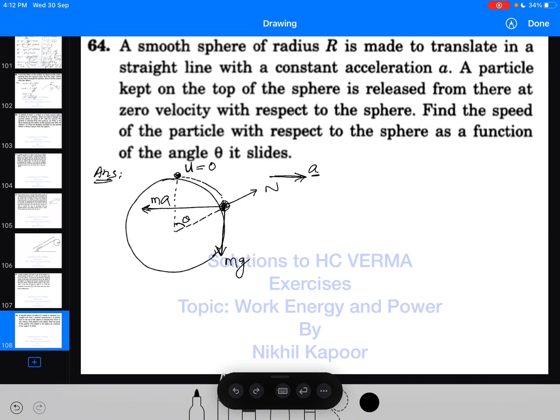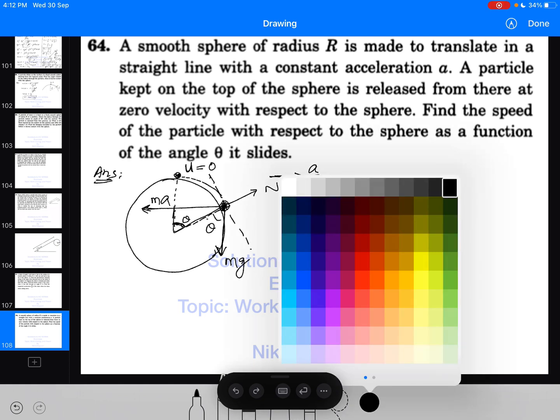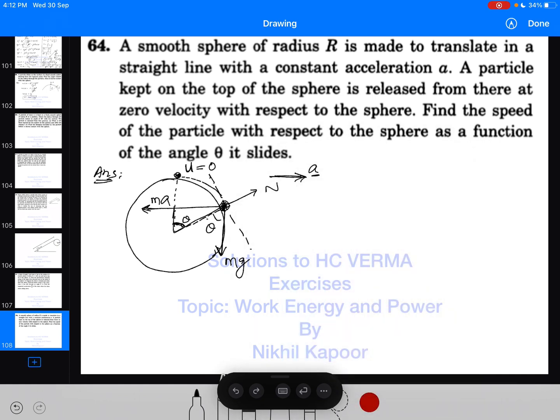Now we need to resolve all these forces along the radius and perpendicular to the radius. If this angle is theta, then by the alternate interior angle property, this angle will also be theta. So the weight components would be mg sin theta and mg cos theta.